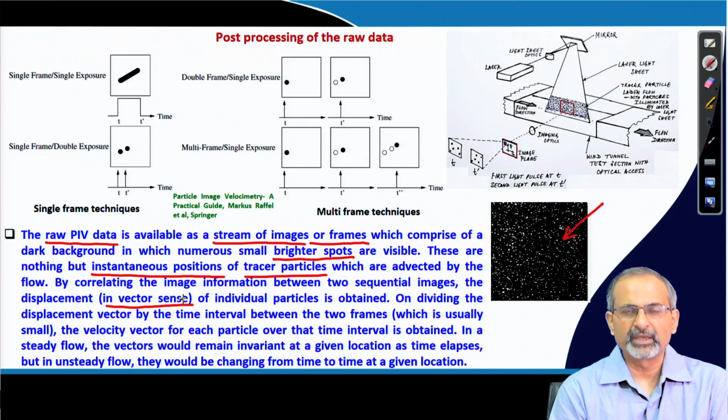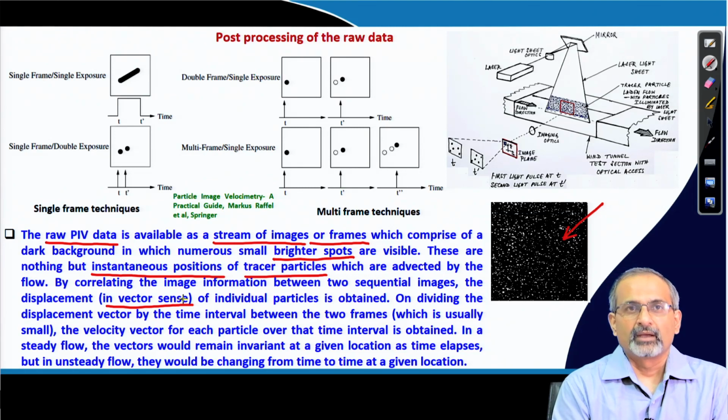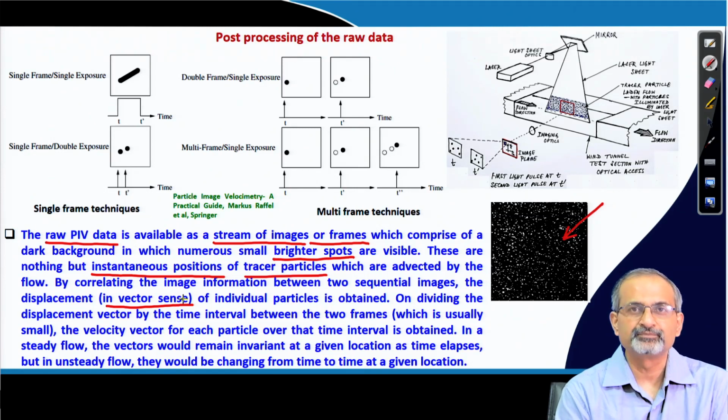If you are making a measurement in steady flow, then you can expect that the vectors would be remaining invariant, they won't change. While in unsteady flows, as the time elapses at a given location in the flow field, the vectors may be changing from time to time and quite dramatically.